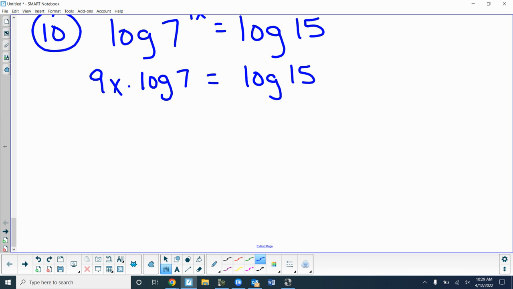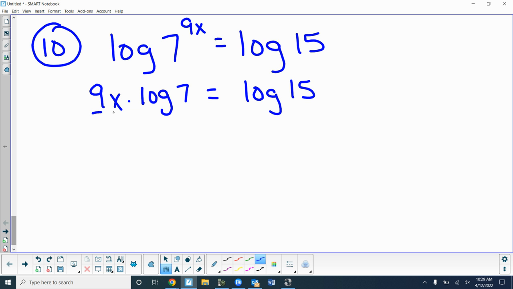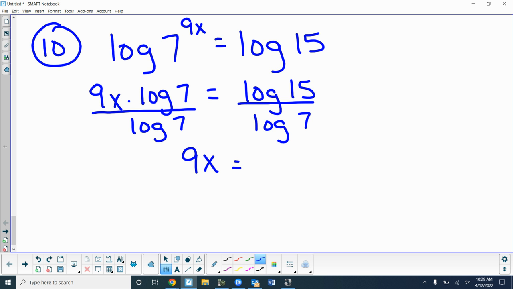Our rules for logs says I can move that 9x out front. Divide by log of 7, both sides. And log of 15 divided by log of 7 is 1.39. And then all I got to do is divide by 9 to finish up.